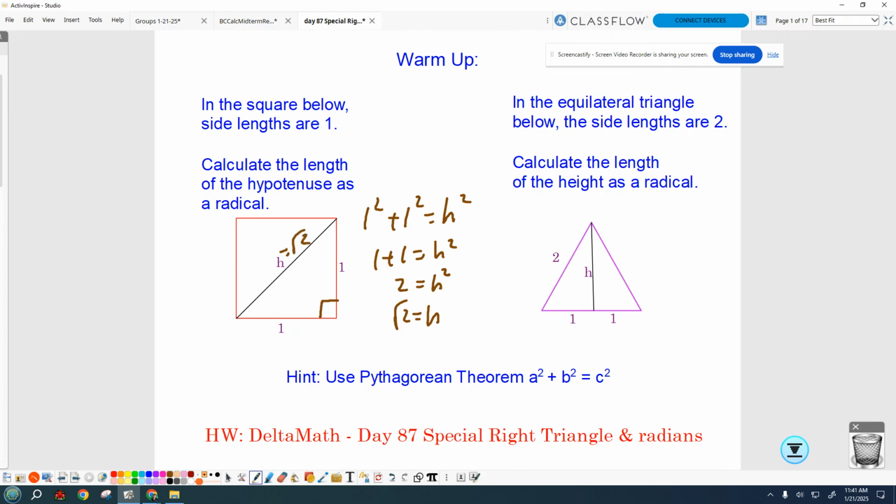Danny, how big is this angle if that one's 90? 45. Anne Marie, how big is this angle? 45. Why? Because the three angles have to add up to 180 degrees.